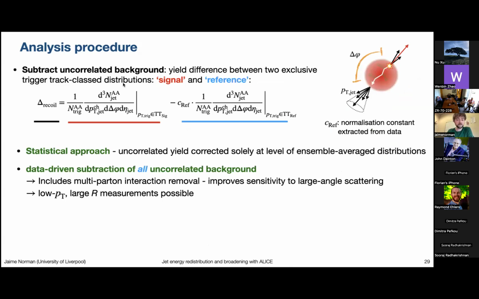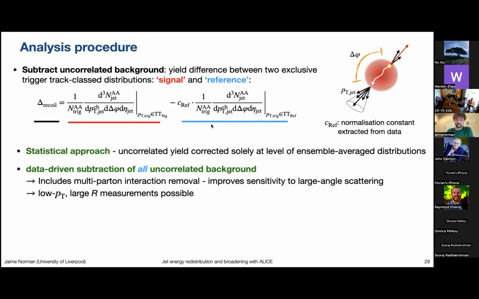The uncorrelated background is subtracted by constructing this delta recoil observable, which is the yield difference between two of these trigger normalized recoil jet distributions: one in what we call a signal trigger track class, with high transverse momentum, subtracting the reference distribution in a reference class, which corresponds to triggers in a lower transverse momentum region.